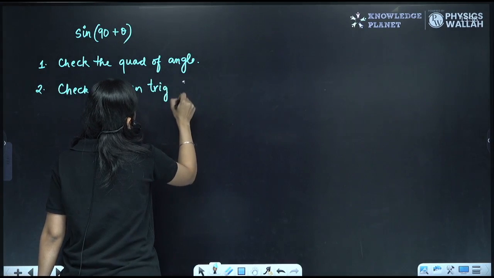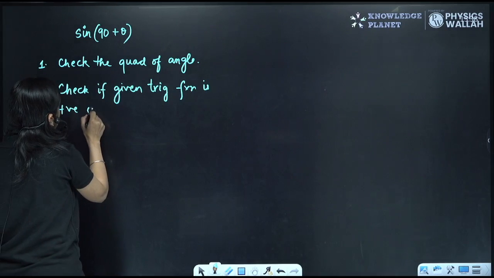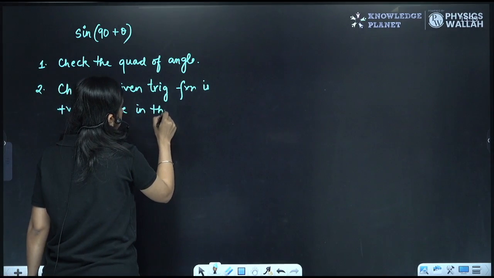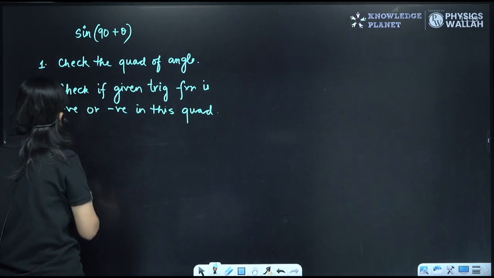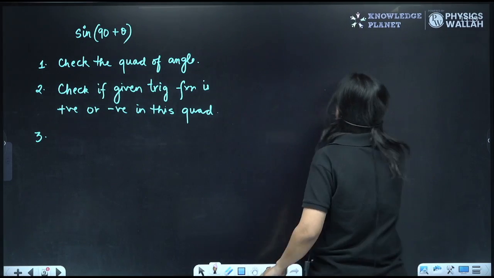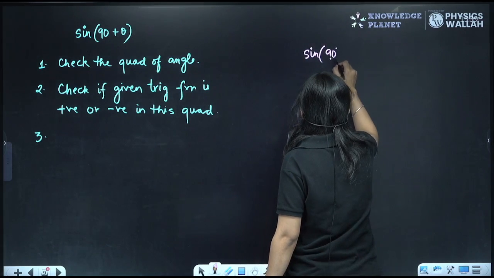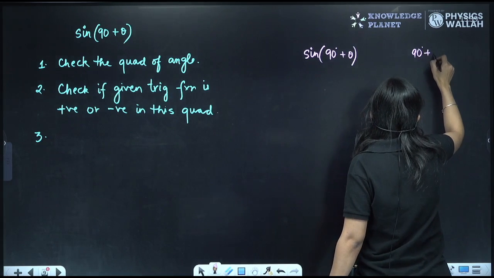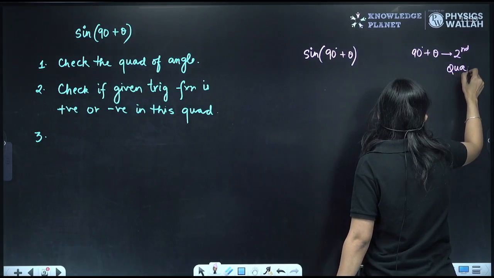Suppose we are calculating sine of 90 plus theta, which comes in the second quadrant.